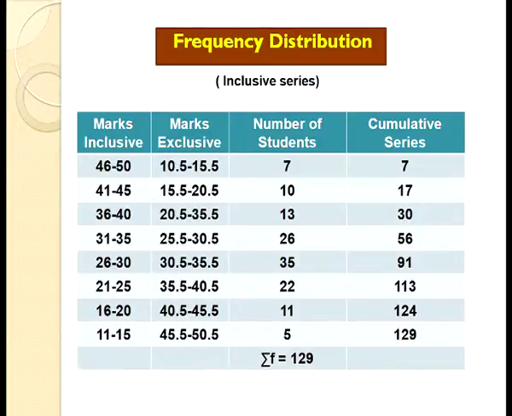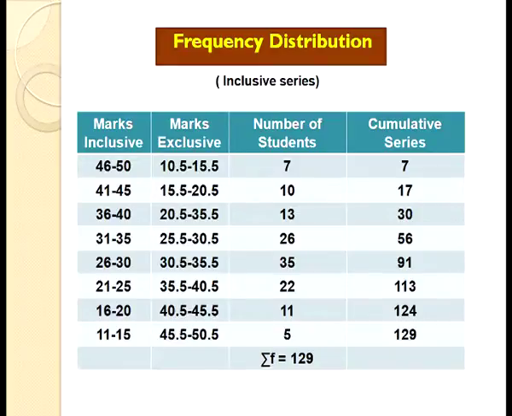It is 7, 7 plus 10 comes to 17, 17 plus 13 comes to 30, 30 plus 26 comes to 56, 56 plus 35 comes to 91, 91 plus 22 comes to 113, 113 plus 11 comes to 124, 124 plus 5 comes to 129. And see over here, we have cross checked also. The sum of the frequency is also 129.